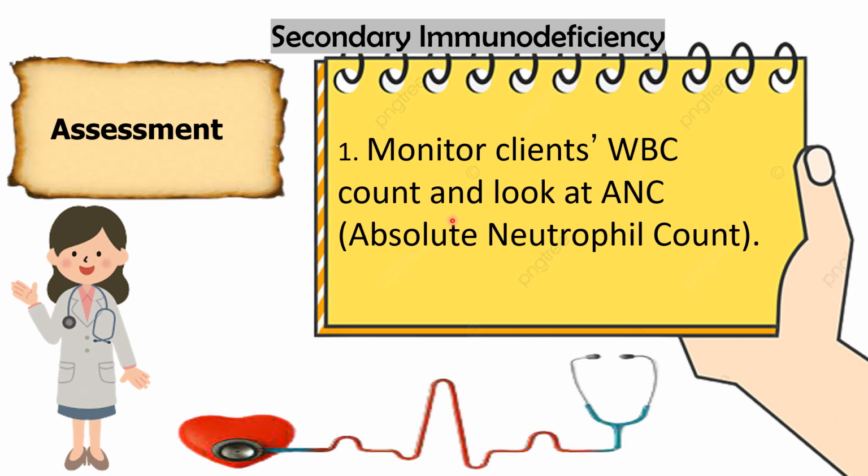For the assessment, it is really important to monitor the client's WBC, or white blood cell count, and look for the ANC, or absolute neutrophil count, to know if there is already a presence of infection.